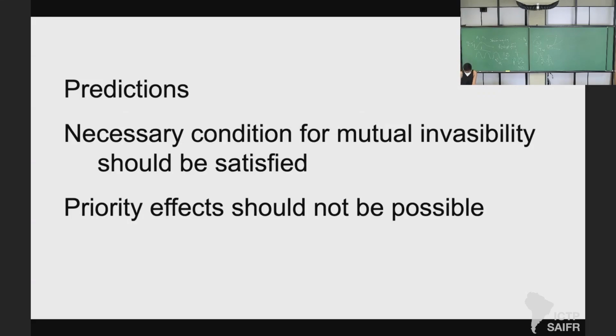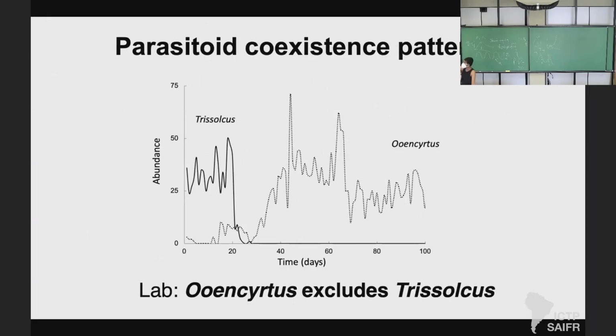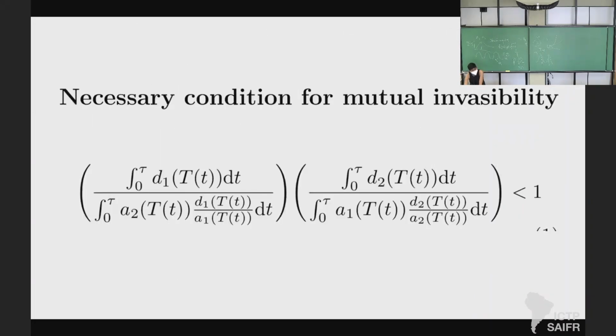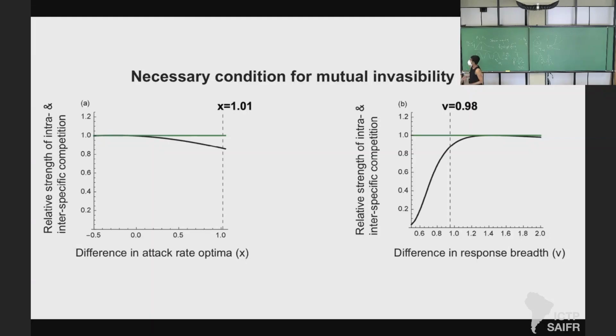In these experiments, no matter what densities we start them out with, the outcome in a constant environment is always competitive exclusion. So here's a real-life example of R star, right? That's the necessary condition. Now we have plotted that condition for the data for this species.